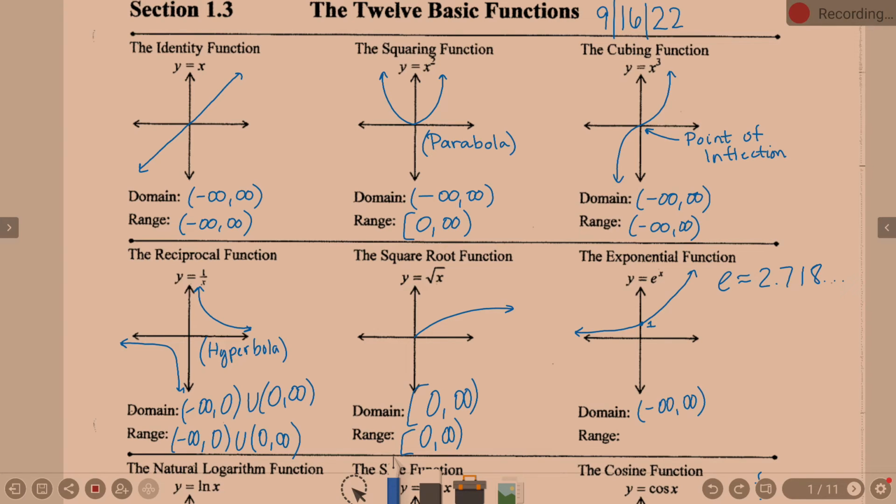What is the y value of that horizontal asymptote? 0. Go with the parentheses. Okay, good. It's going to be 0 with a parenthesis, because am I ever going to touch 0? No. How high does my graph go? Infinity. Okay. Got the basics here?